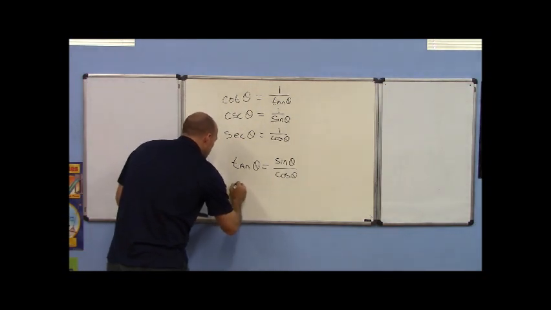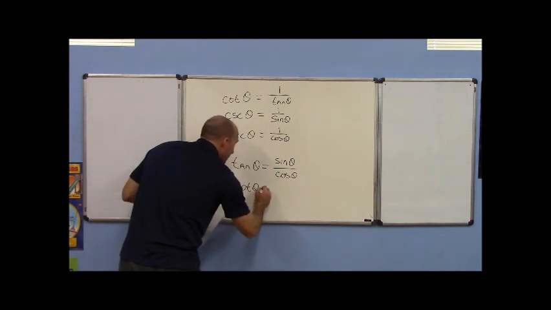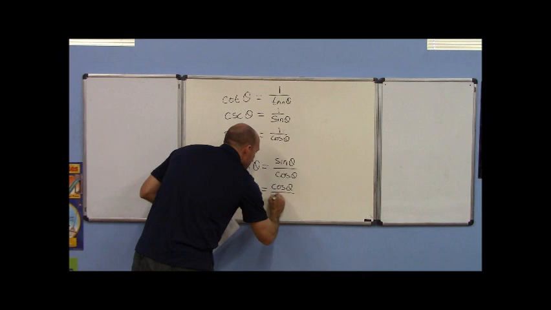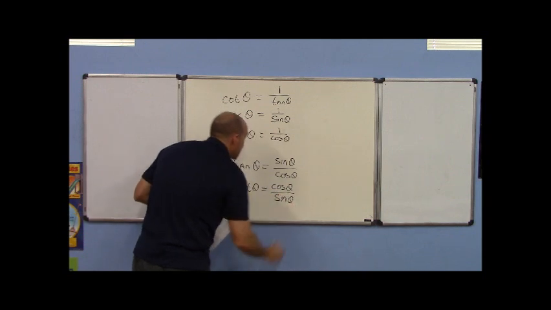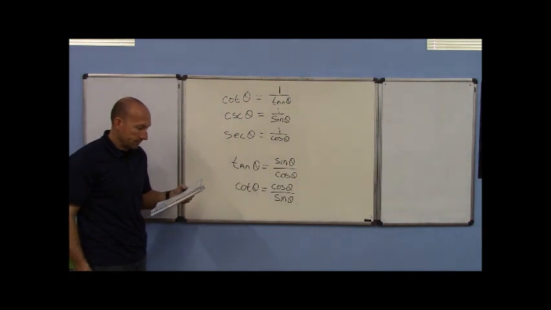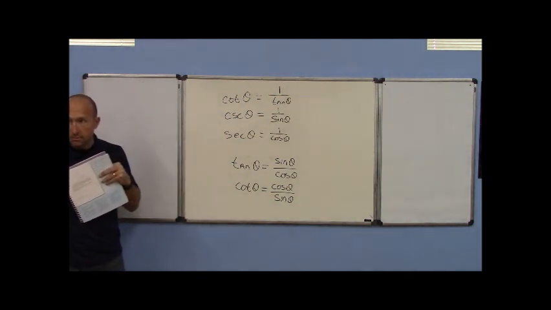The cotangent of theta is going to be cosine theta over the sine of theta. Okay, everybody have that written down?